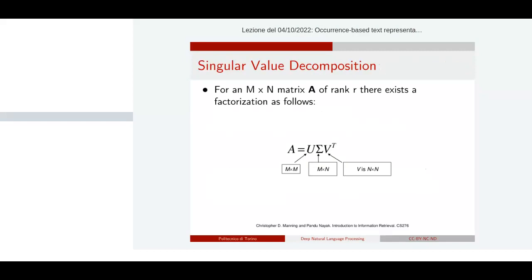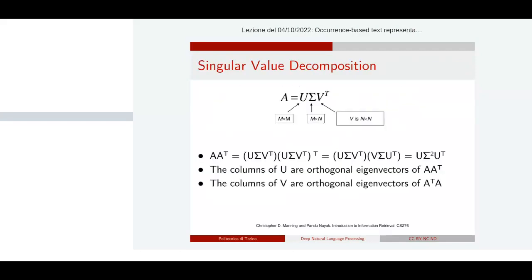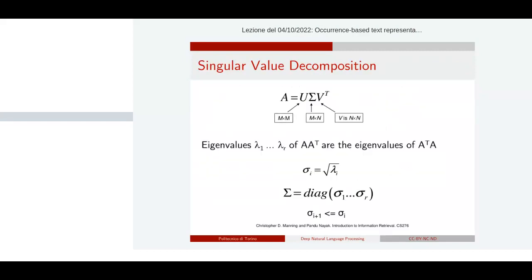I can show you here. The eigenvalues are lambda, and the lambda values are the non-zero values of the diagonal matrix.